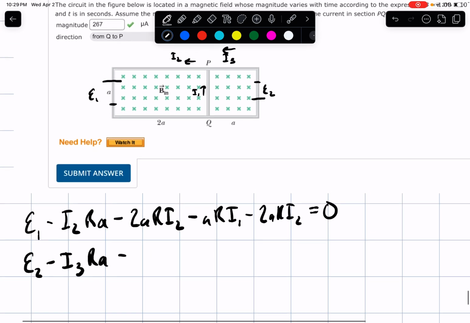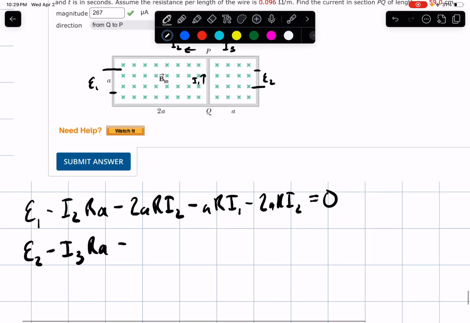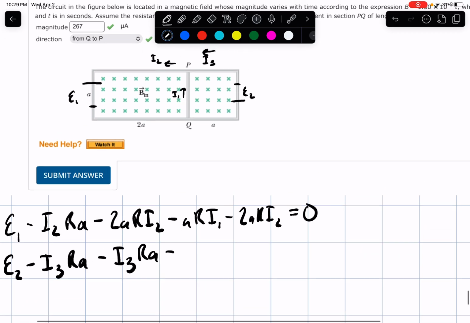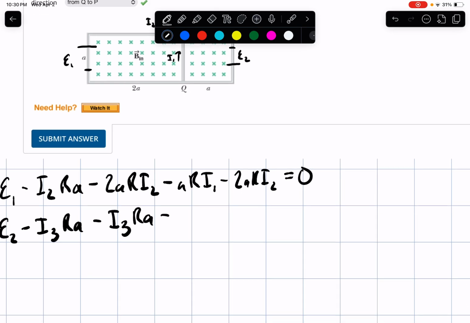Then along the top part, it's the same thing because the current is I3 and the length is a. Then going down the left side from P to Q, it would be I1 instead of I3, so I1Ra. And finally on that bottom part, once again length a, and it will be back to I3, so I3Ra, and that equals 0.